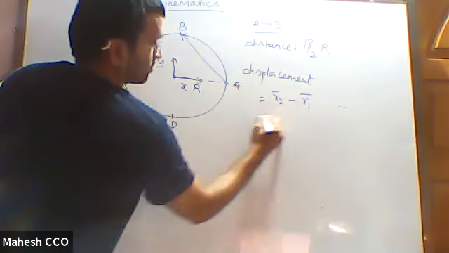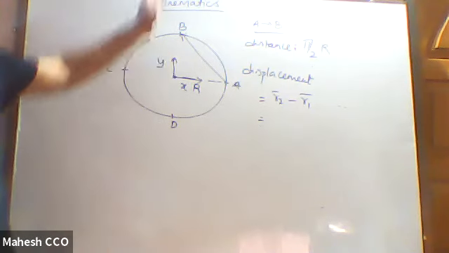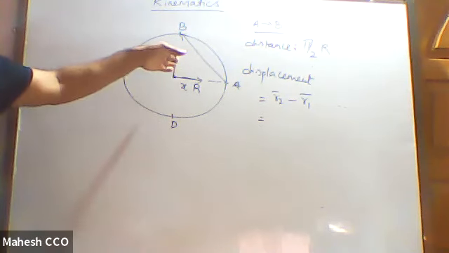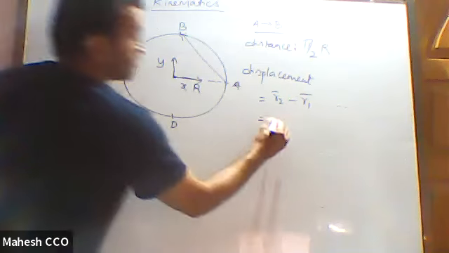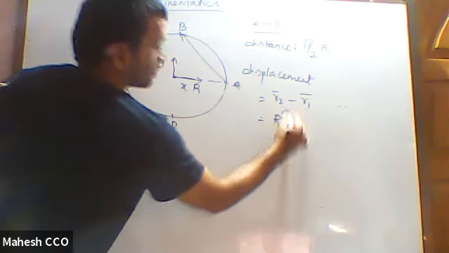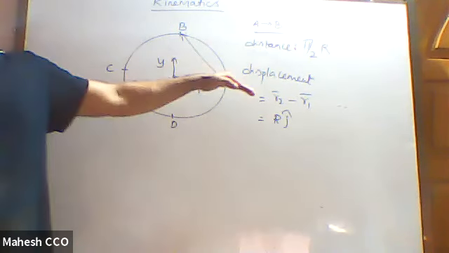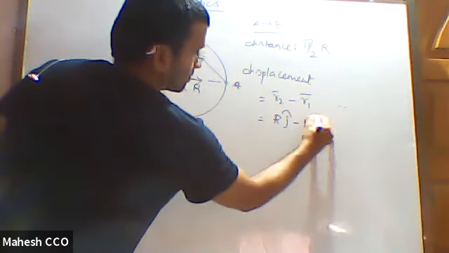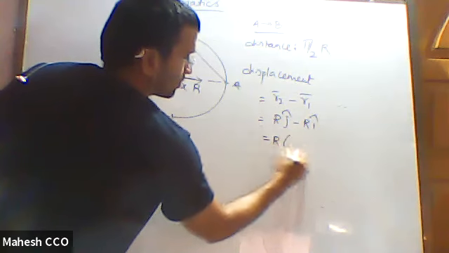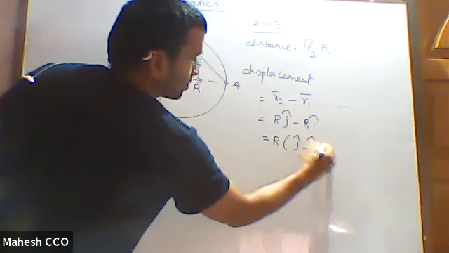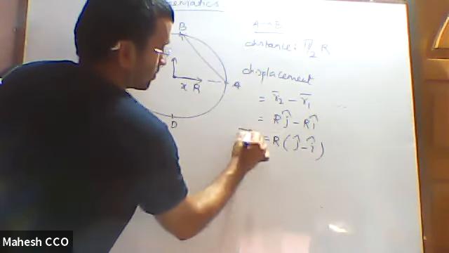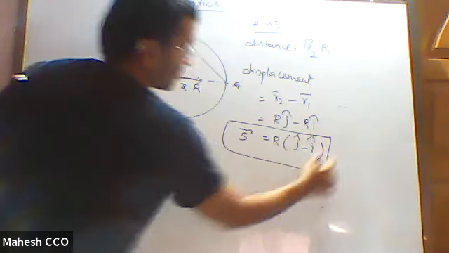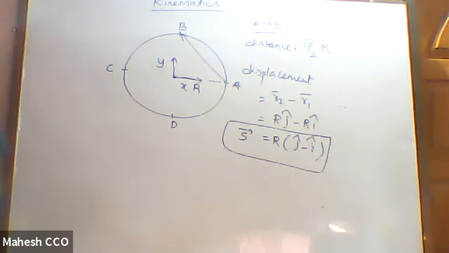Final position vector when it is at B is r times j cap. Initial position vector when it is at A is r times i cap. So that is how the displacement vector is given.